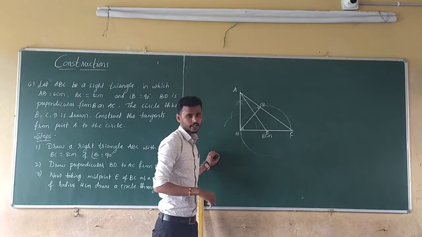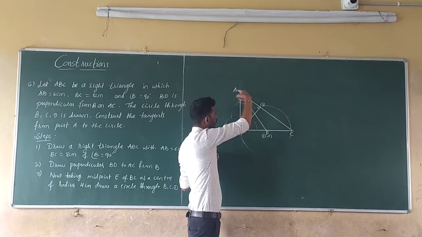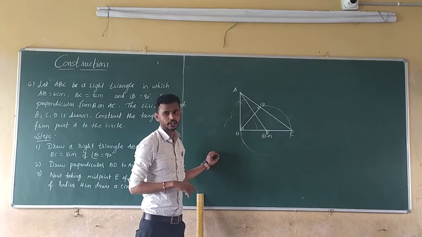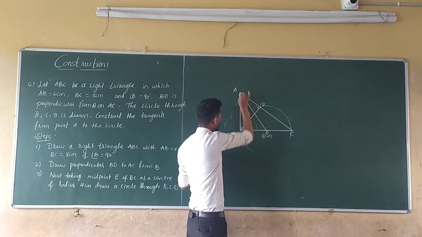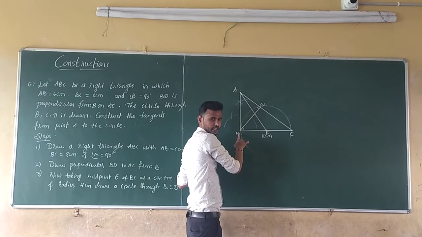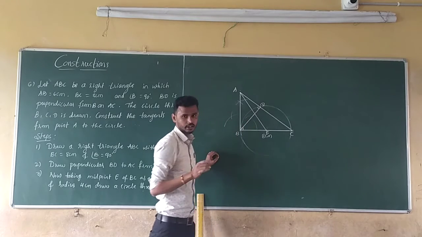Where it intersects the circle, to that point draw the tangents. Already one tangent is there from point A at the point B, so you just need to draw one more tangent.